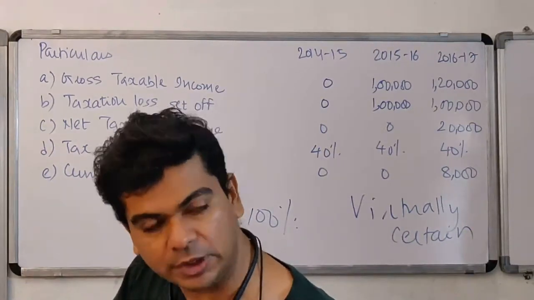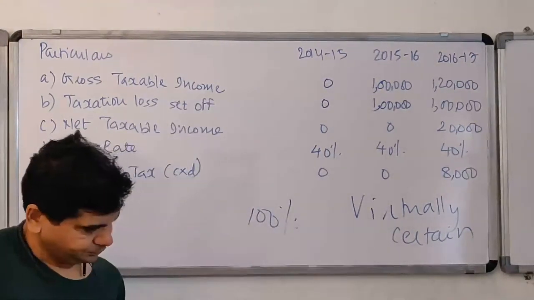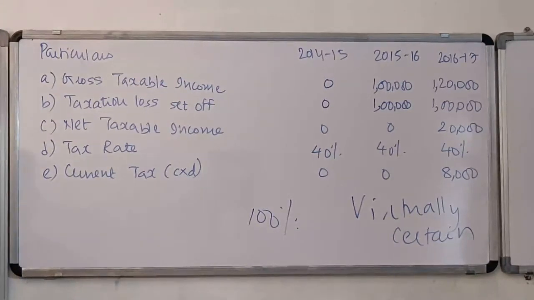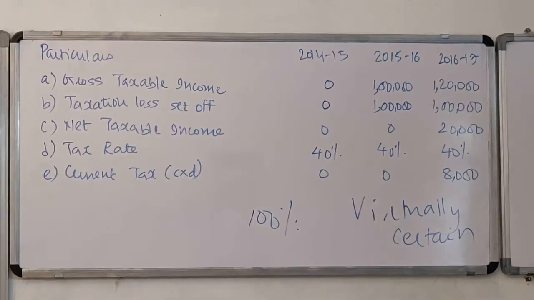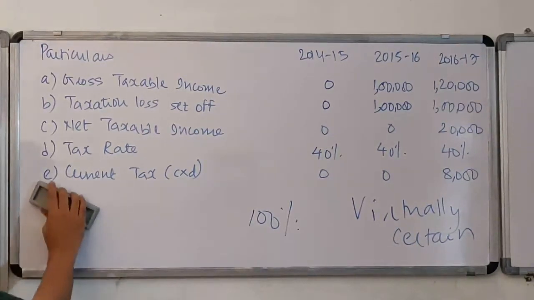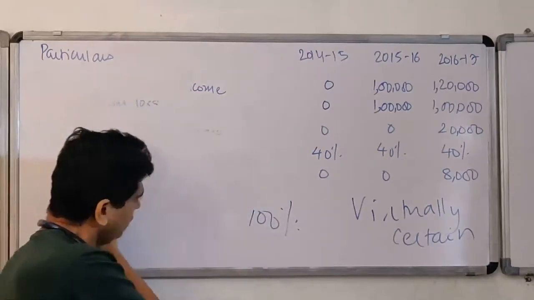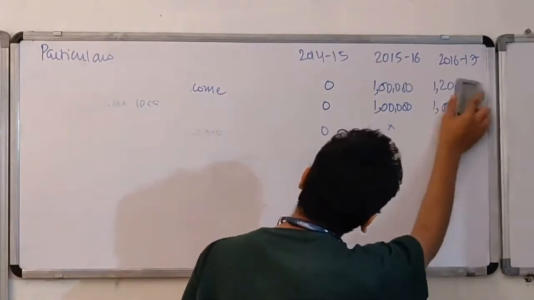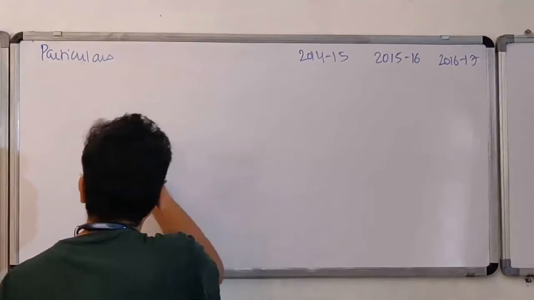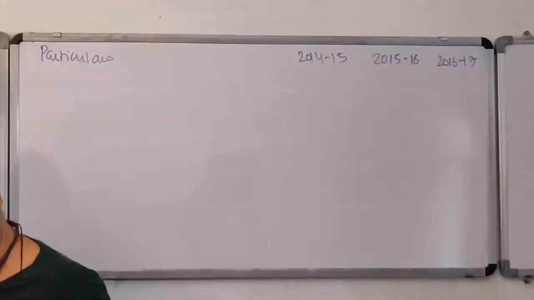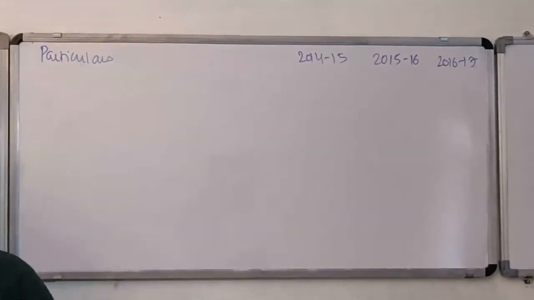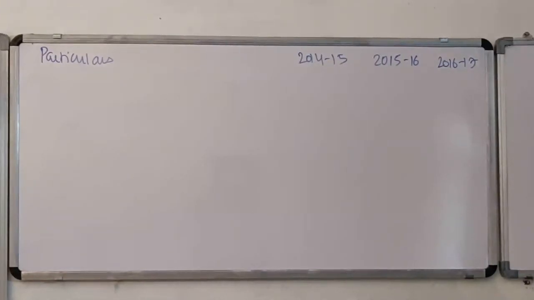Let's show the calculation. Please give the heading: Computation of deferred taxes. And again prepare this table. Particulars and the 3 years. Hope you are ready with it.